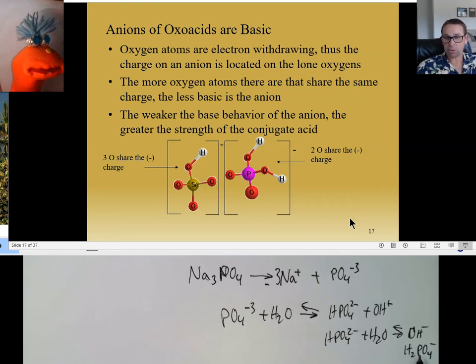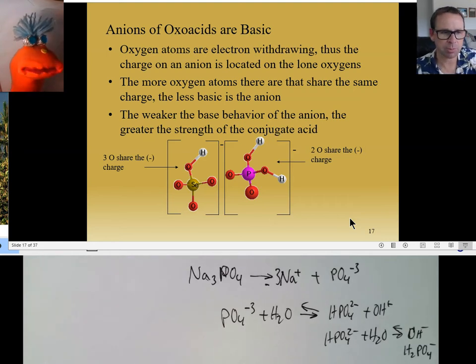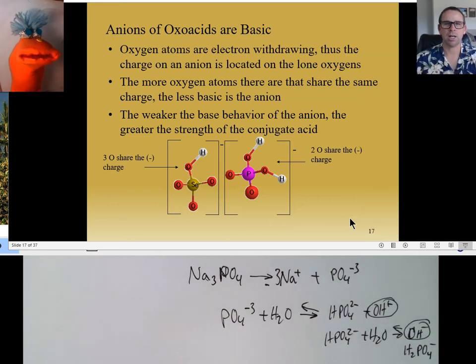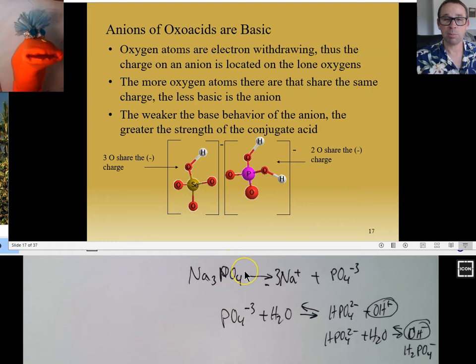And that is also going to do the same thing for some water molecules. All of those will be in equilibrium. So the result is every time a proton is taken away from water, you get hydroxide ions. So sodium phosphate, because phosphate is the conjugate base of a weak acid, it makes it a relatively strong base. And you can get it simply by adding sodium phosphate to solutions.